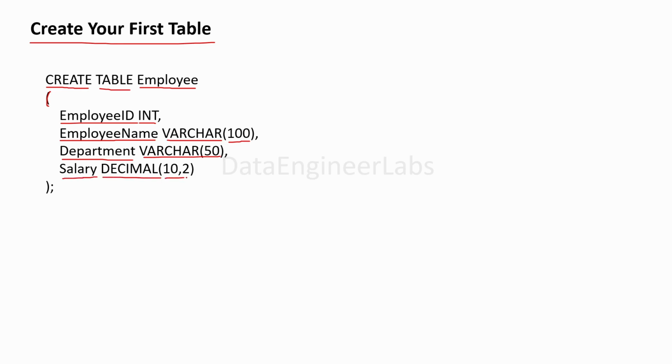Here we have specified 10, 2, meaning it can have up to 10 digits in total and 2 decimal digits. So the first number, 10, means it can have a maximum length of up to 10, for example 1 million, 2 million, 3 million. But after the dot, the decimal precision is going to be only 2 digits, like 00 or 01 or 99, something like that. Now as we understood our create table statement, let's go ahead and execute this in our query editor.